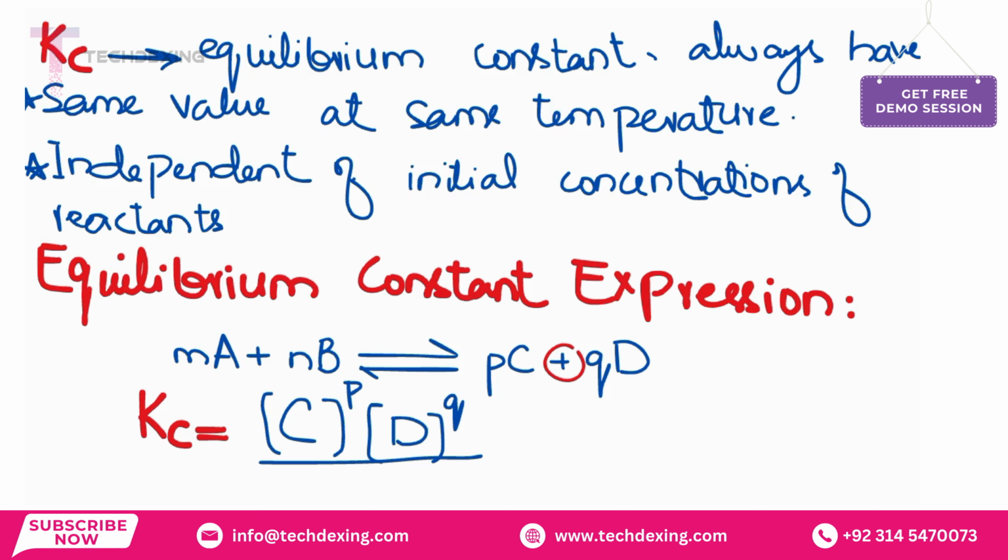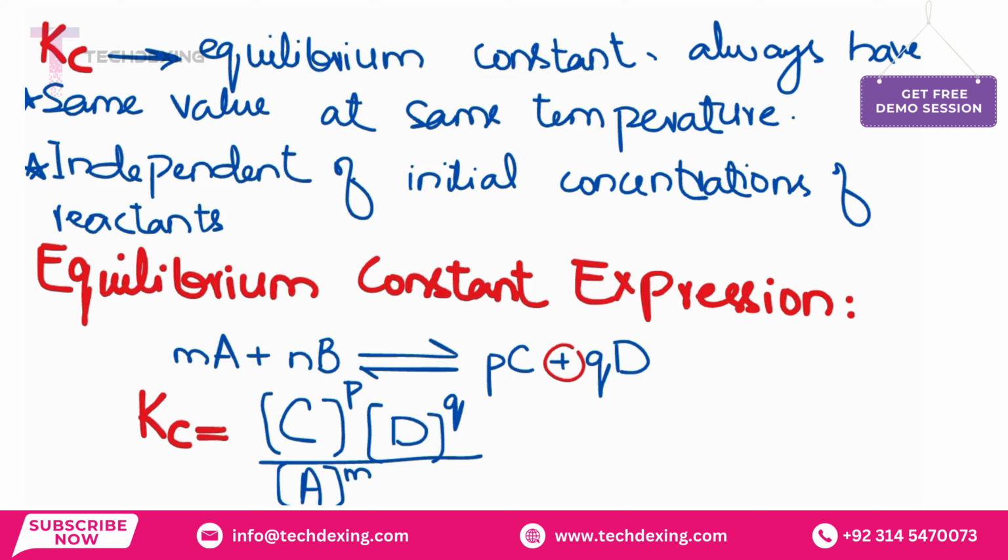So you would write A. A would be raised to the power of what? What would be the power of concentration term A? It would be M. From where did you bring these letters?